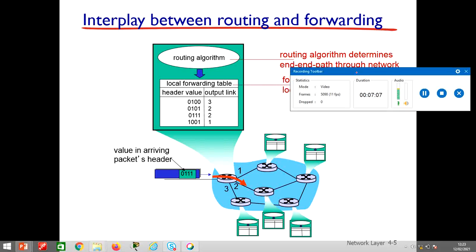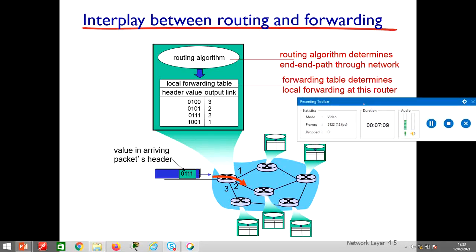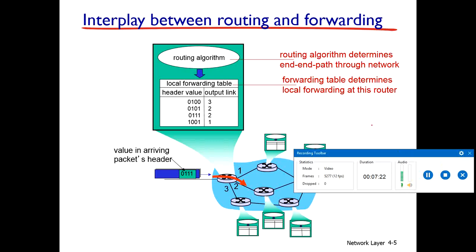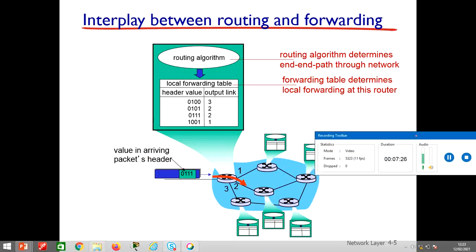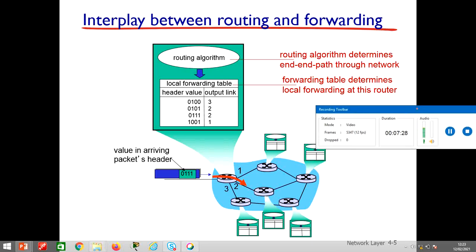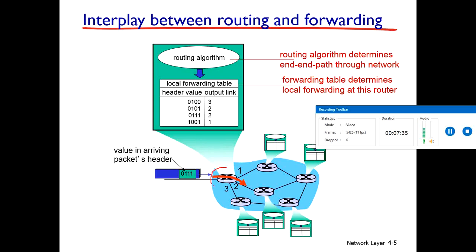The routing algorithm determines the end-to-end path through the network, and the forwarding table determines the local forwarding at the router. So the basic purpose of the forwarding table is to determine the output port to which the packet should be directed.